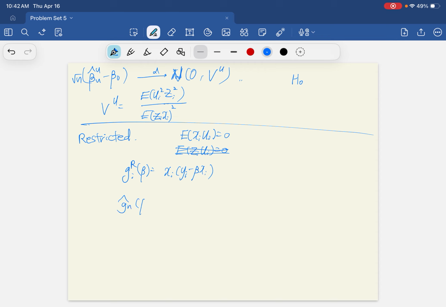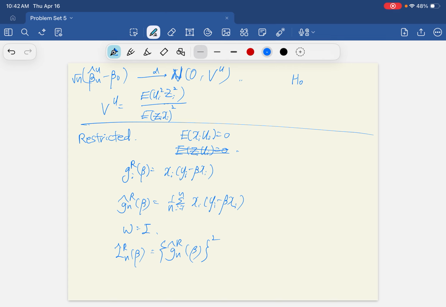The sample moment is the sum of xi times (yi minus beta xi). Nothing special. And again here, because we ignore the second moment, the weighting matrix does not matter. We are going to use I. So the criterion function is just its square, for the same reason.